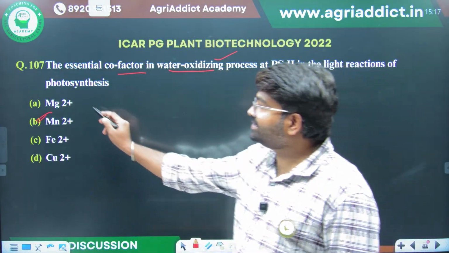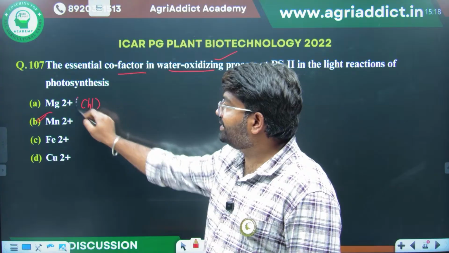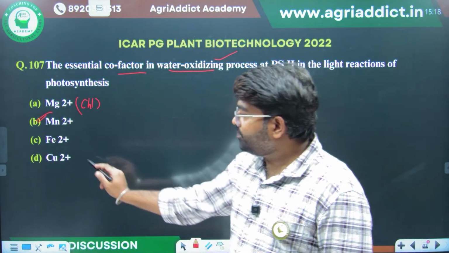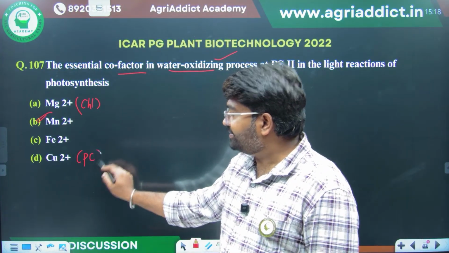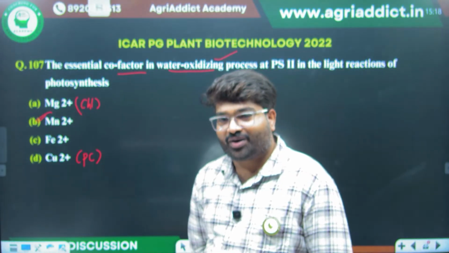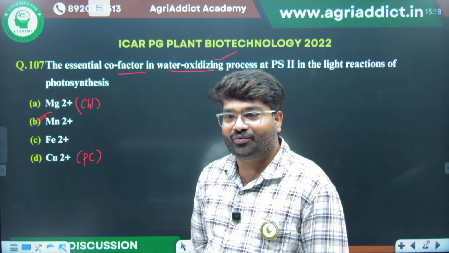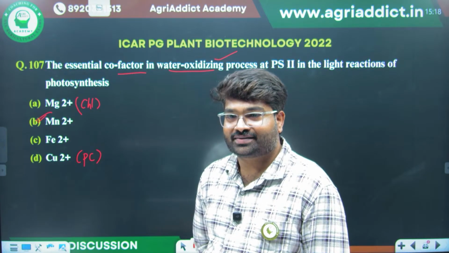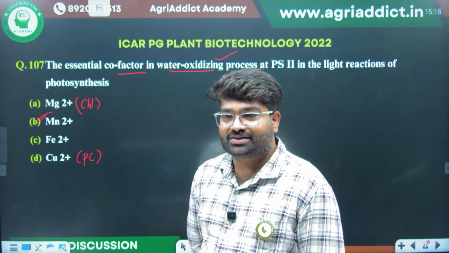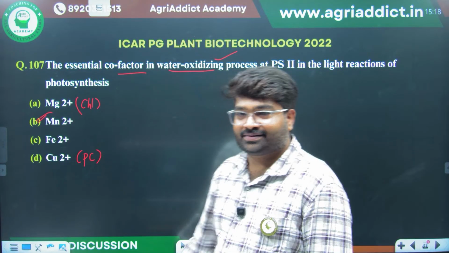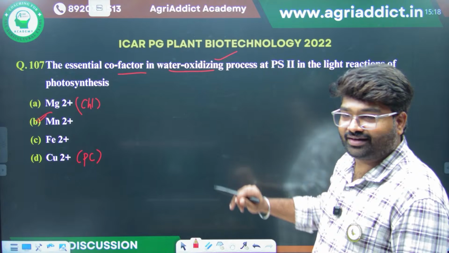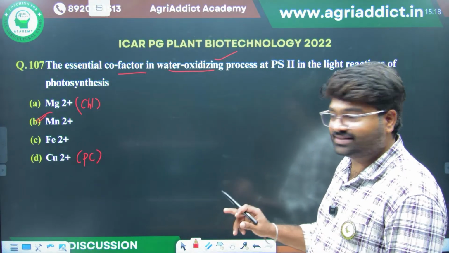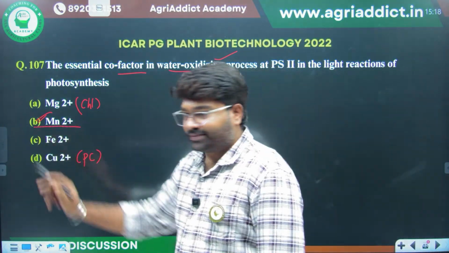Magnesium will be involved in chlorophyll. Copper will be in plastocyanin. Read the question properly. The essential cofactor in the water oxidation process is manganese. Okay, clear.